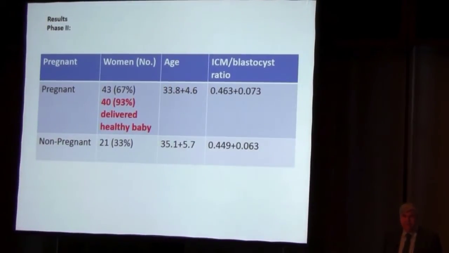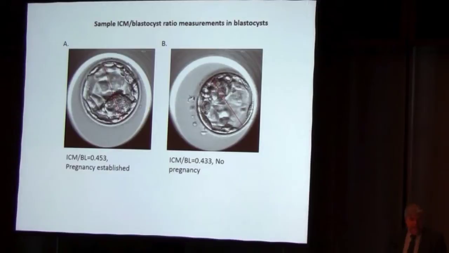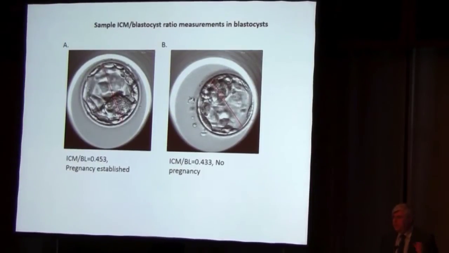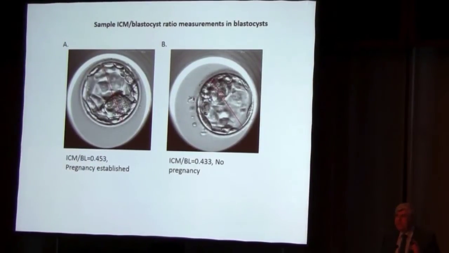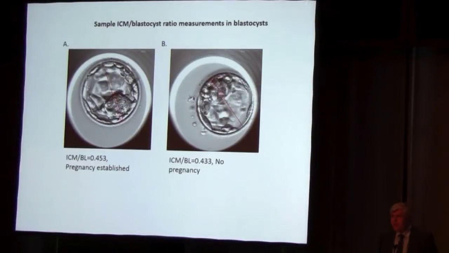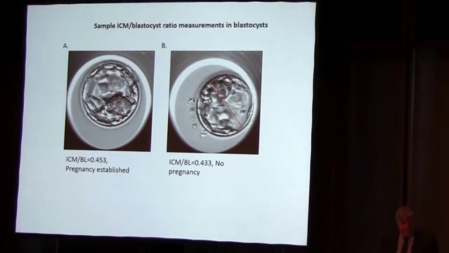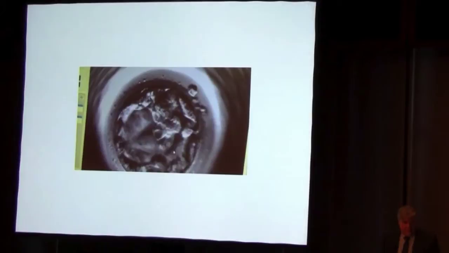If we compare phase 1 and phase 2 in this table, you can see that the number of pregnancies almost doubled if you know how to choose the right blastocyst. The problem is that you cannot see it by eye. The blastocysts look the same. But if you measure the ratio between the inner cell mass and the blastocyst, then you find this difference. You can see here two blastocysts that look the same with different ratios. One ended with pregnancy, and the other did not.